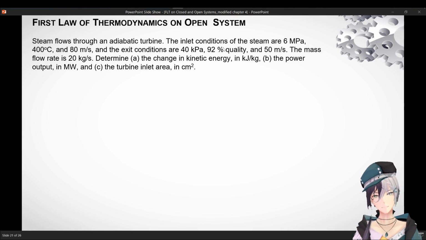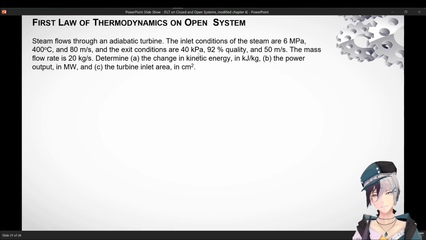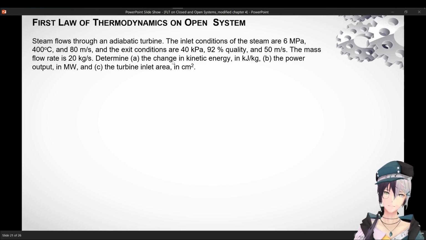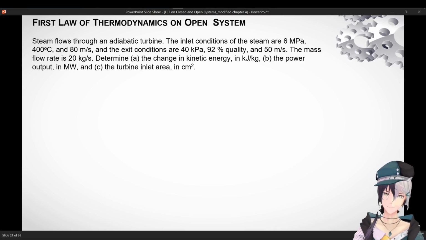We are given the inlet conditions of the steam as 6 megapascal and 400 degrees C, and a velocity of 80 meters per second. Exit conditions are 40 kilopascal, 92% quality, and 50 meters per second. The mass flow rate is 20 kilograms per second. We are asked to determine the change in kinetic energy, the power output, and the turbine inlet area.